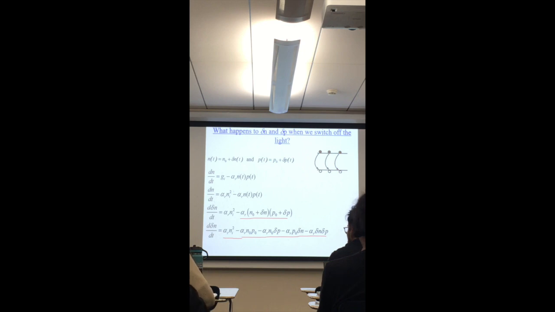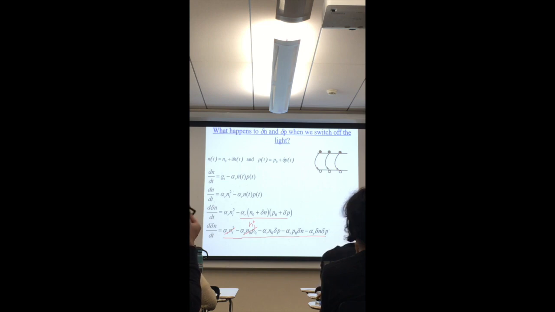We can try to simplify this expression. We will see some terms can cancel out. What's n naught times p naught? It's the product, Ni squared, exactly. So this is Ni squared, and we can say these two cancel out.